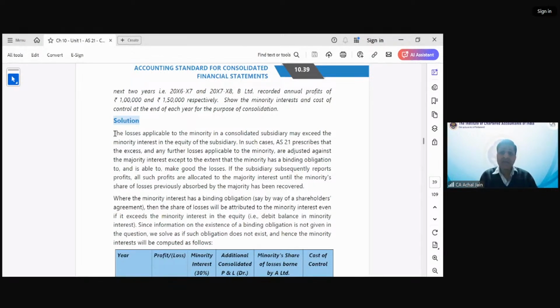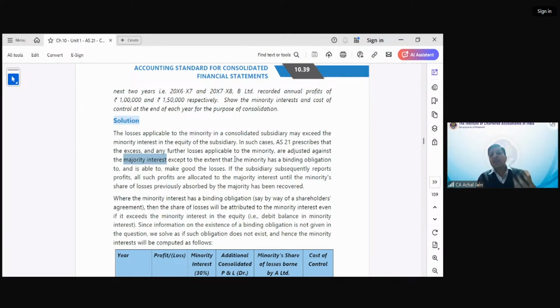In such cases, the standard prescribes that the excess and any further losses applicable to minority are adjusted against the holding company's interest, except to the extent that minority has a binding obligation to make good the losses.